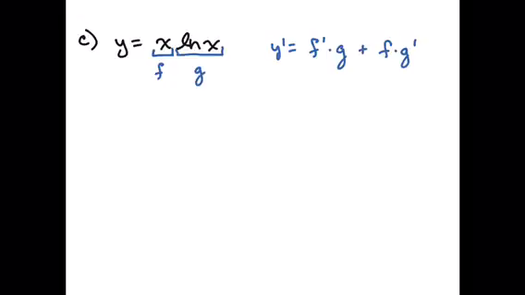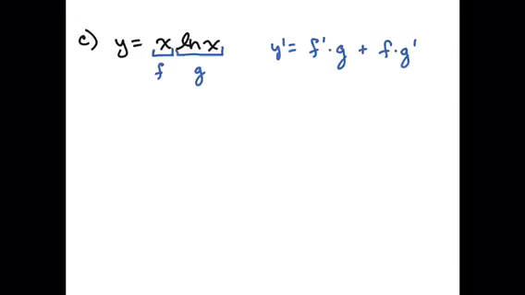Okay, this problem, y equals x times natural log of x, is going to be a product rule, where my first function is x and my second function is natural log of x. Remember, the product rule states that the derivative is the derivative of the first function times the second, plus the first function times the derivative of the second one.